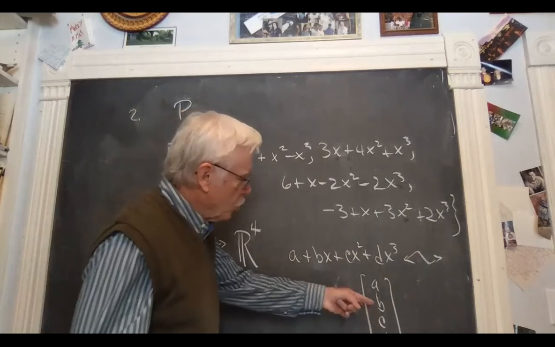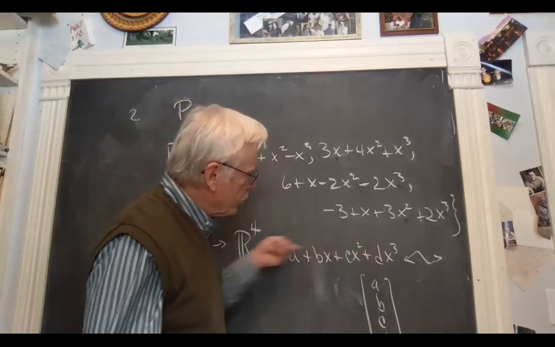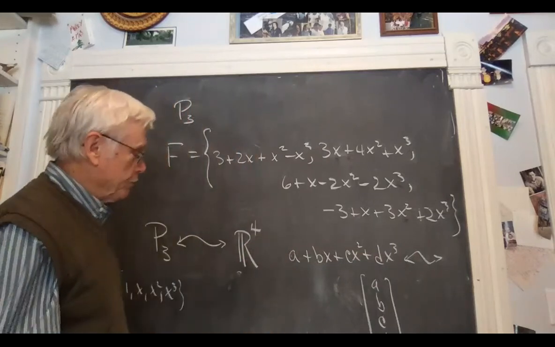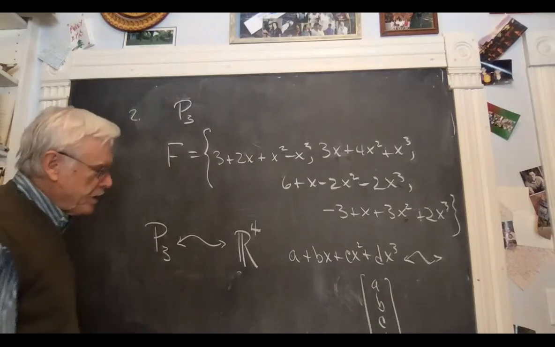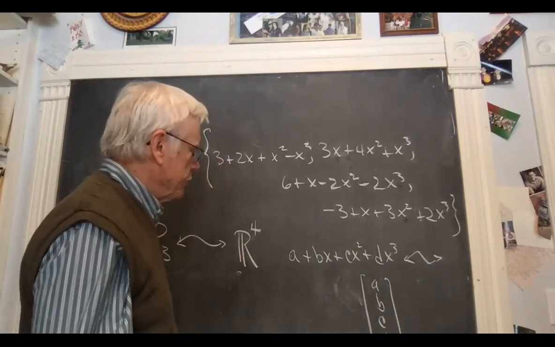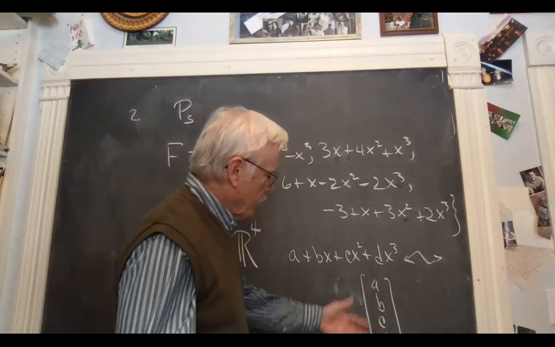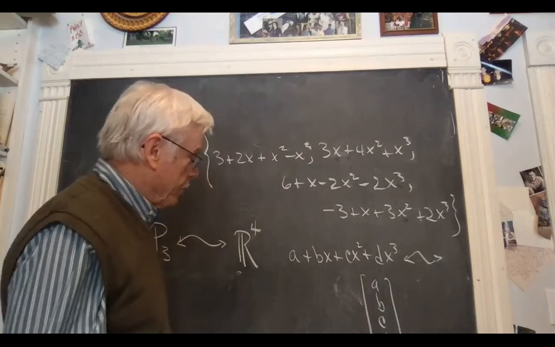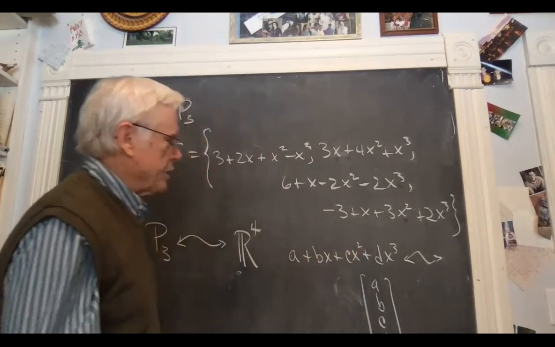This is something like a code for this polynomial, and you can work with the codes to understand what the polynomials are doing. This was the same theme that we had when I used a matrix to find the derivative of a polynomial. You're using the code and the matrix representation of the derivative function in order to find the derivative mechanically.